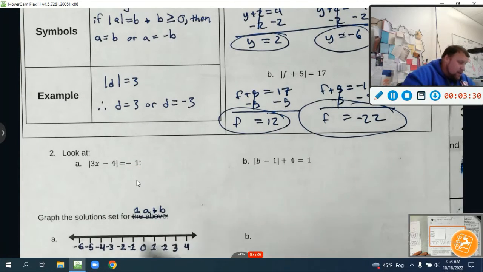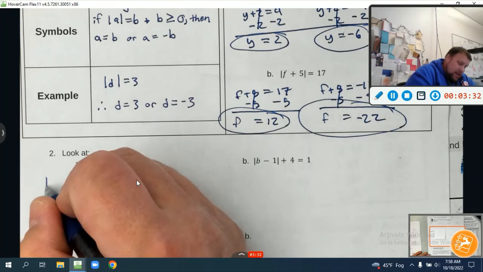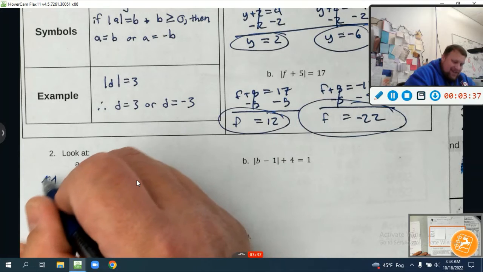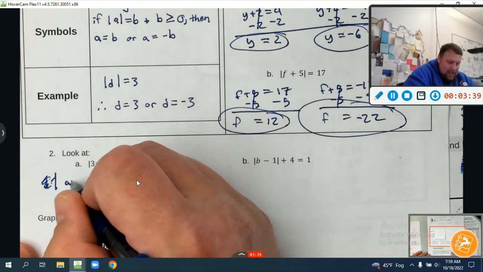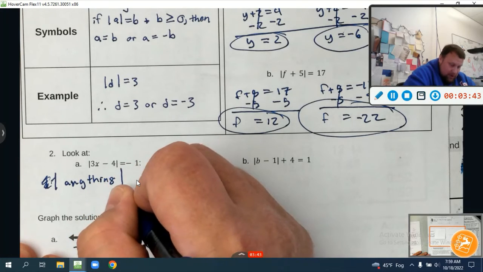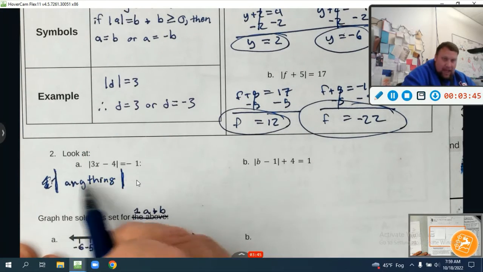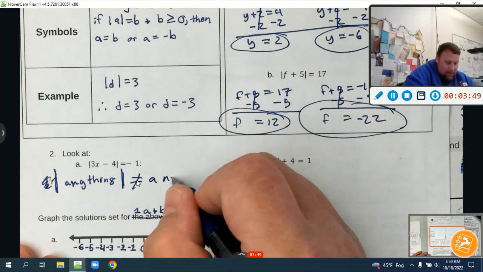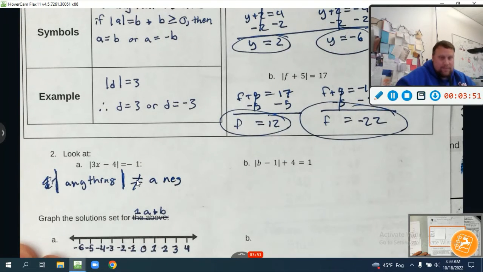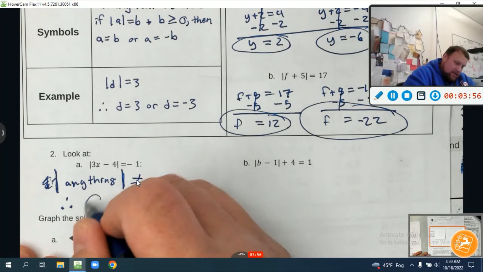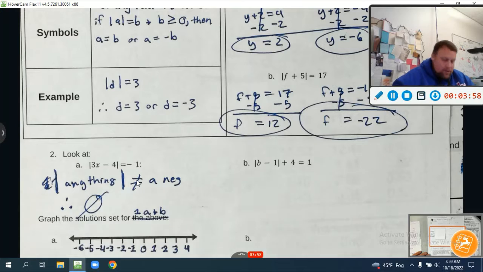So when you run up to this, taking the absolute value of anything cannot equal a negative number. Therefore, remember that means therefore, this is the null set, or no solution.